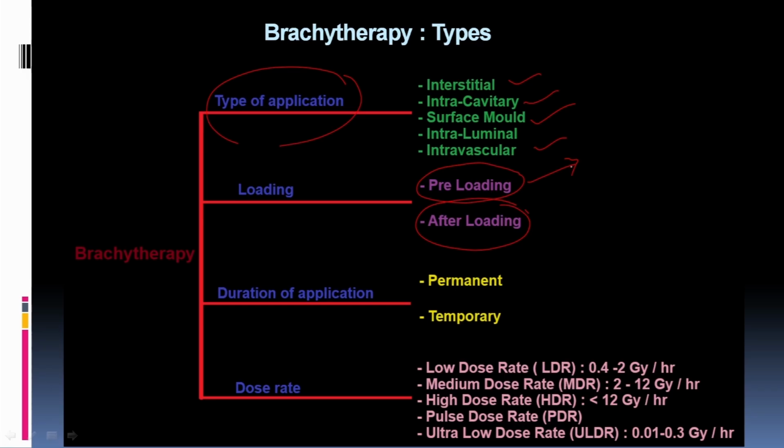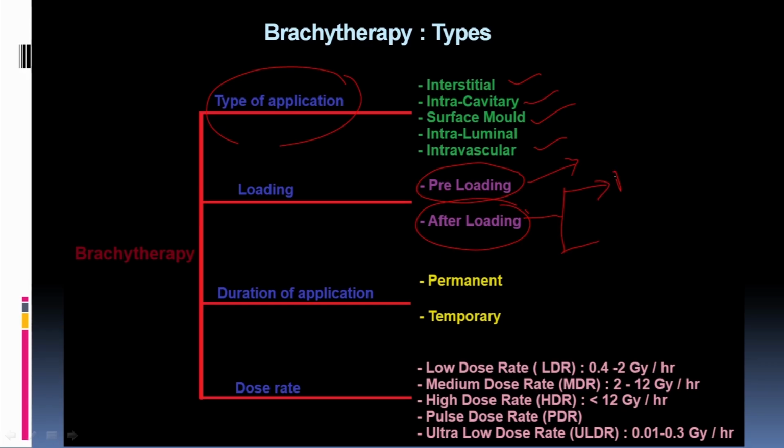Now we use afterloading brachytherapy, where the radioactive isotope is placed after applying the applicator within the patient's body in the OT, and we apply the radioactive isotopes within the applicator after this OT procedure. These afterloading applicators can be further divided into two groups.